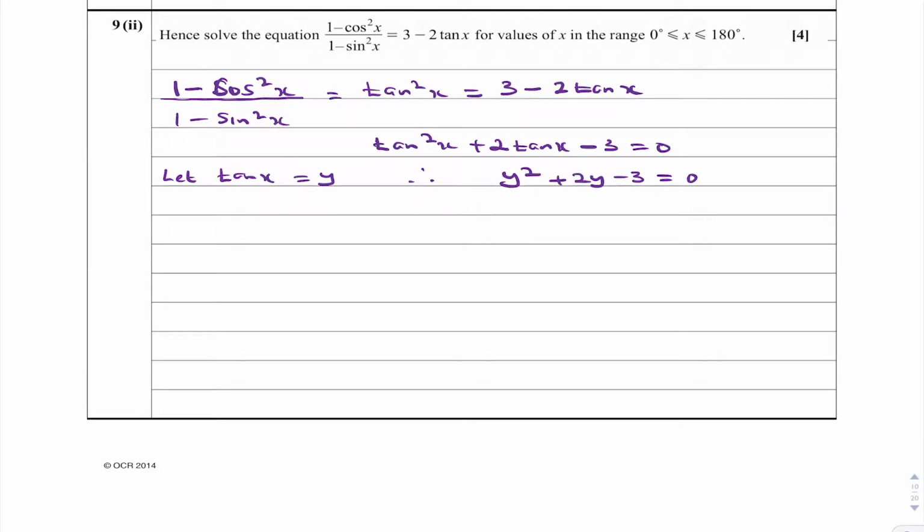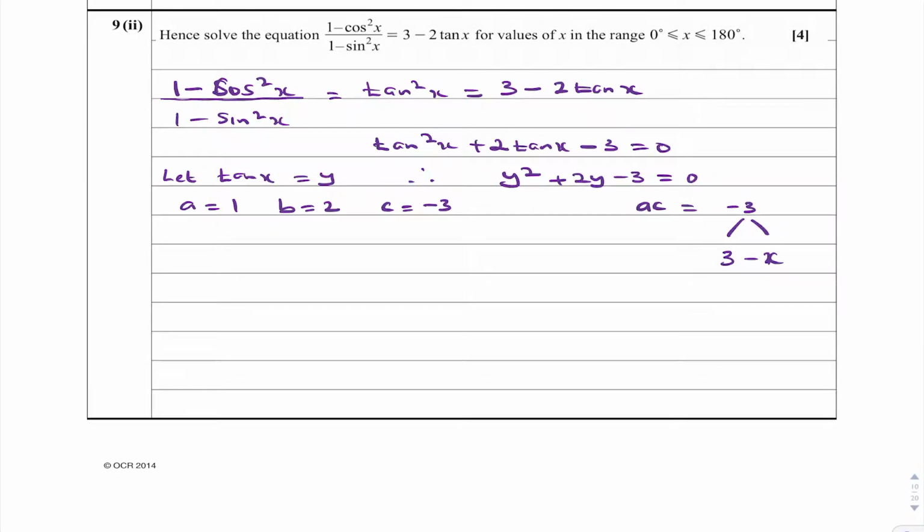Can I factorize this one? Yes, I can, because a equals 1, b equals 2, c equals minus 3. So my AC will be equal to 1 times minus 3, which is minus 3. Any two numbers I can add together to get 2, and when I multiply, I get minus 3, so I get 3, 1. Put minus in there.